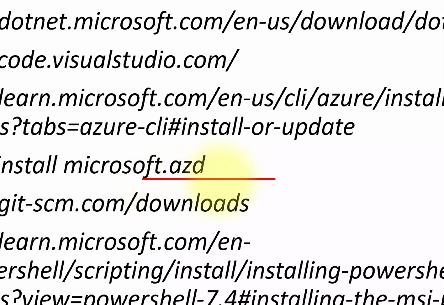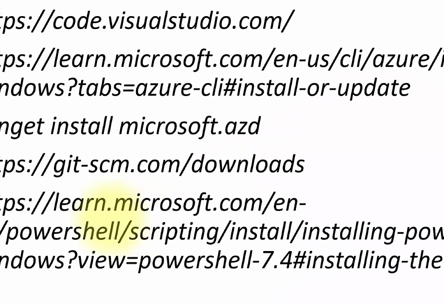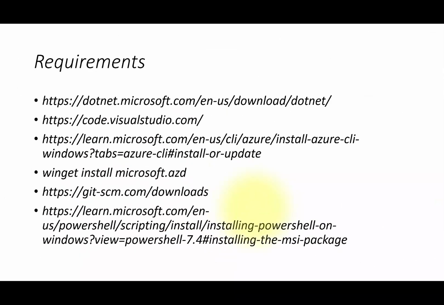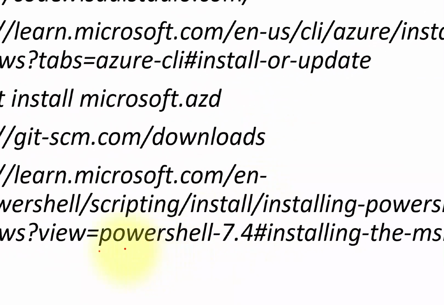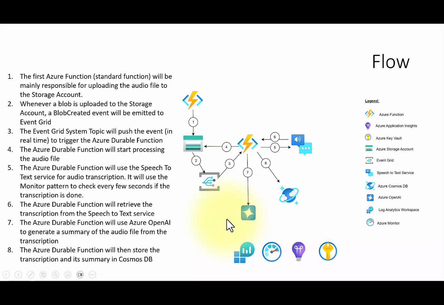It is just software that deploys the entire application to Azure, including Bicep or Terraform and, for example, code to the Azure Function. Nice to have Git to download the solution from GitHub, and we need to install PowerShell 7. And that's all the requirements.